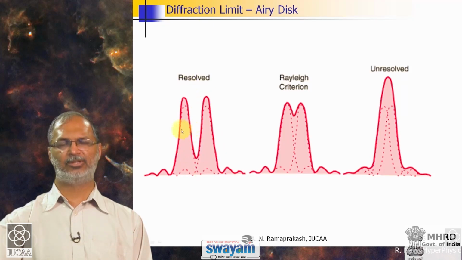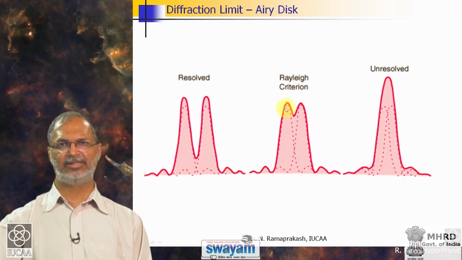So, if these two spots are well separated, you will see them as two spots. On the other hand, if these two spots are so close that they merge with each other, you may not be able to see them as two, only as a single star.